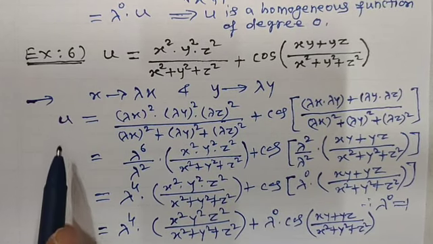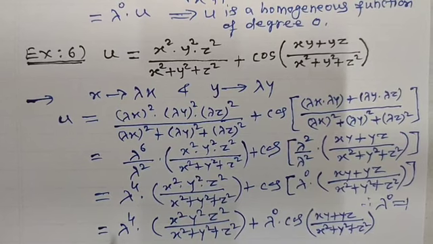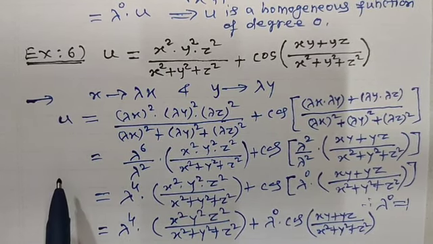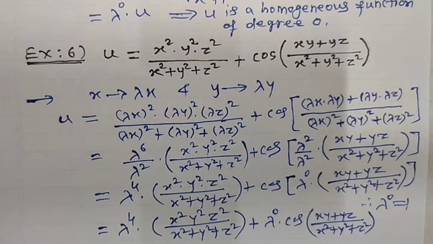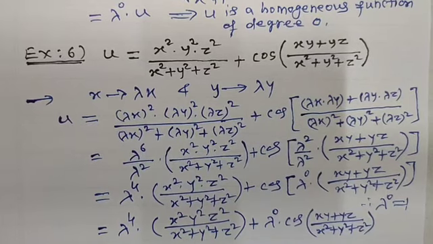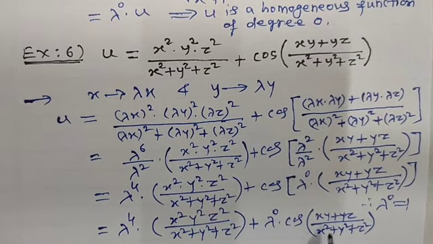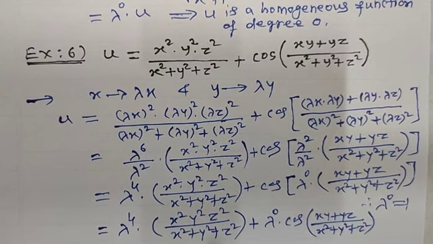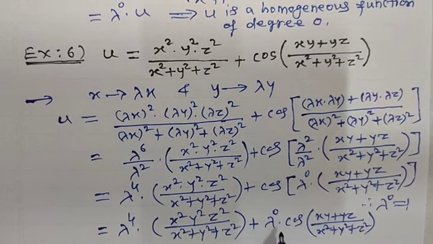The degree of the first term is 4 and the degree of the second term is 0. So the degree of u is neither 4 nor 0, because to get the degree of a homogeneous function, the degree of each term must be the same. If suppose the degree of the first term is 4 and the degree of the second term is also 4, then we can say u is a homogeneous function of degree 4.